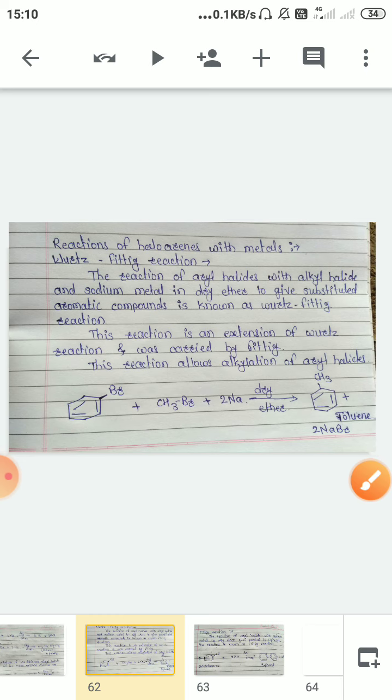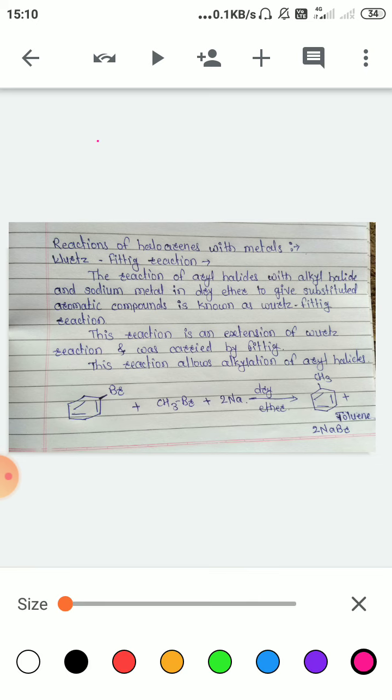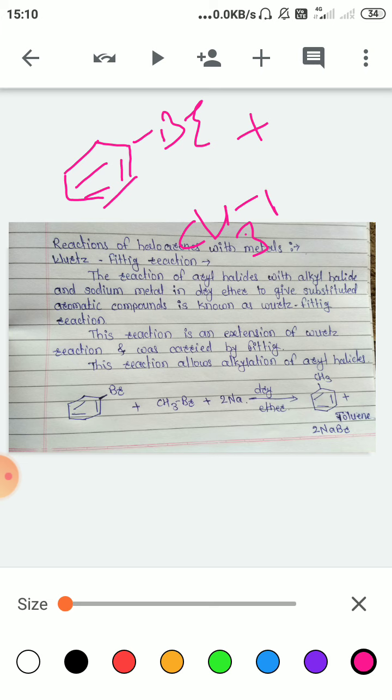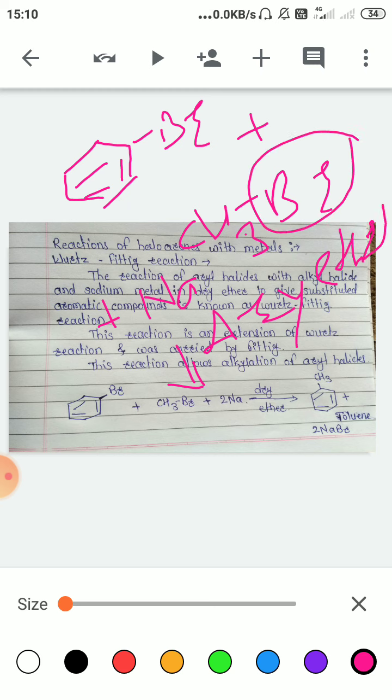Now simply, if we take bromobenzene or chlorobenzene, here bromobenzene, and it reacts with methyl bromide, CH3Br, with sodium in the presence of dry ether, these two bromine atoms go with sodium and form 2NaBr.